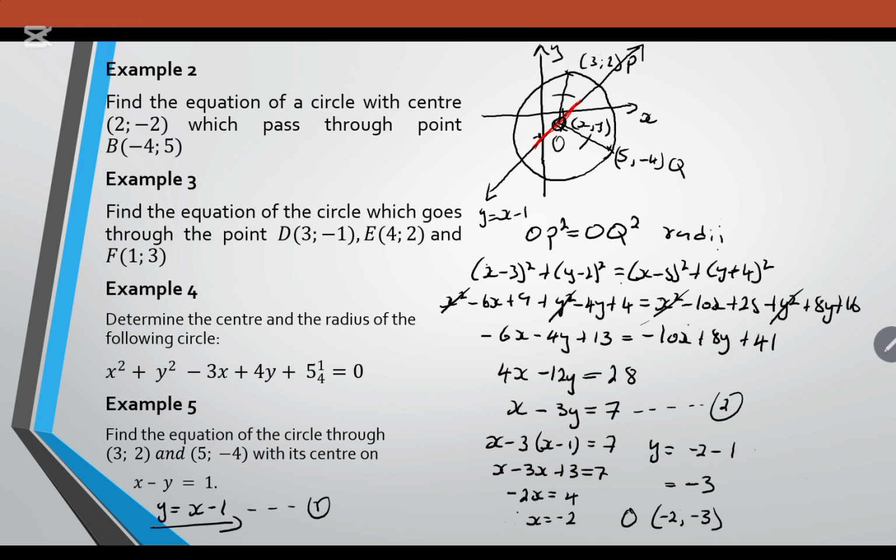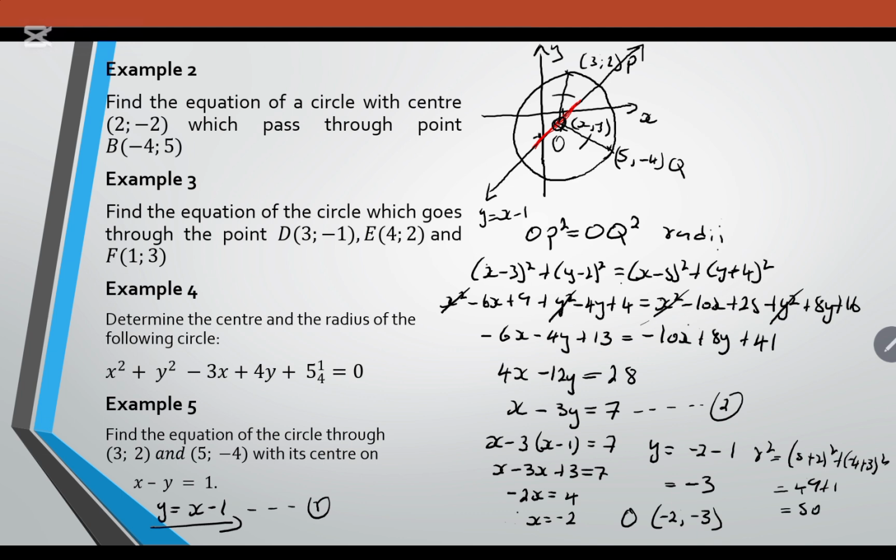So the radius will be r squared is equal to (5 minus negative 2) squared plus (negative 4 minus negative 3) squared. So this will be 5 plus 2 squared, is 7 squared, is 49, plus negative 4 plus 3 is negative 1, squared is 1, that is 50.